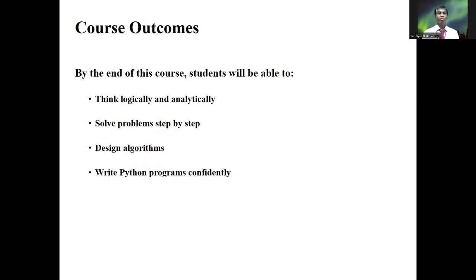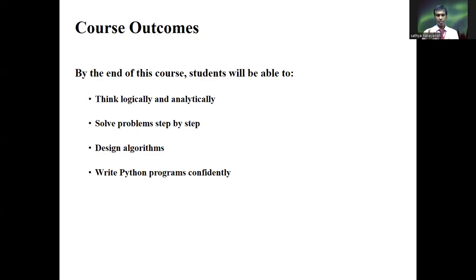So here are the course outcomes: after the completion of this course, at the end of the semester, what students are able to do. The first one is to think logically and analytically about the problem. That is what I told you in the beginning. The first unit deals with problem solving techniques. First of all, we are supposed to define what the problem is.